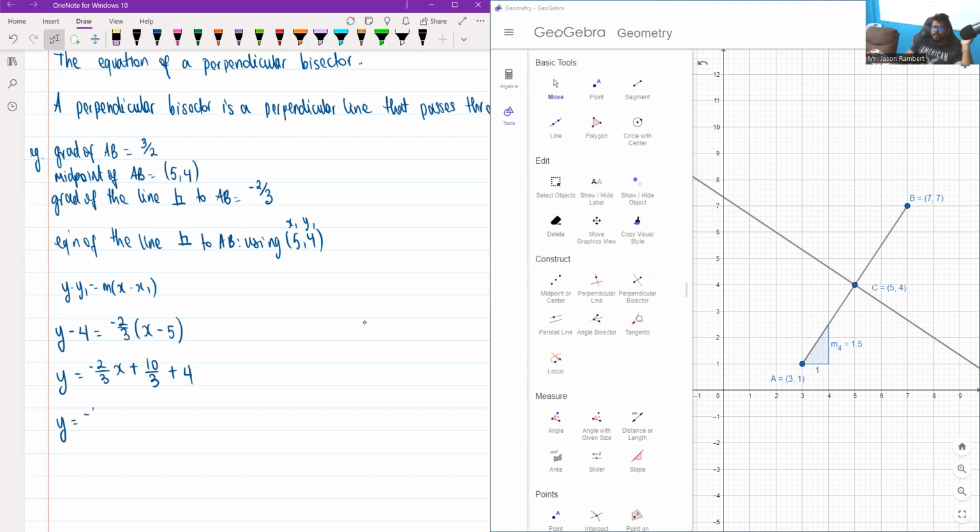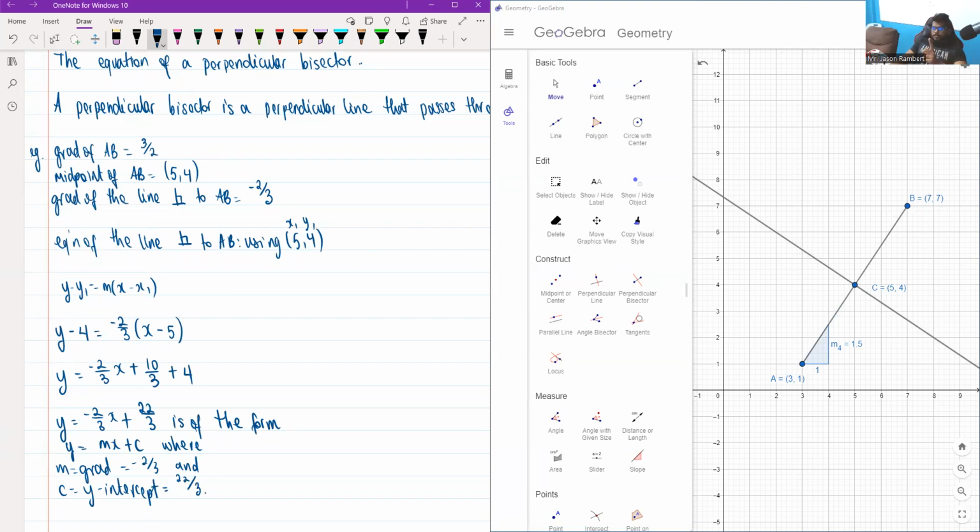Fix it up: minus 2/3 x plus 10/3 plus 4, which is 12/3, so this is 22/3. This is of the form y is equal to mx plus c, where m is the gradient, which is minus 2/3, and c is the y-intercept, which is equal to 22/3.